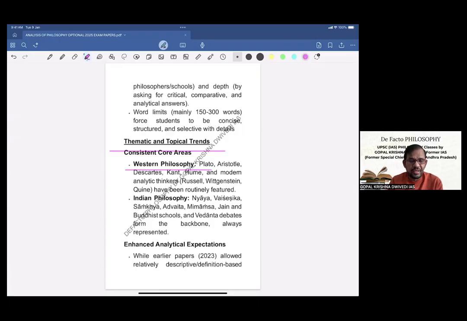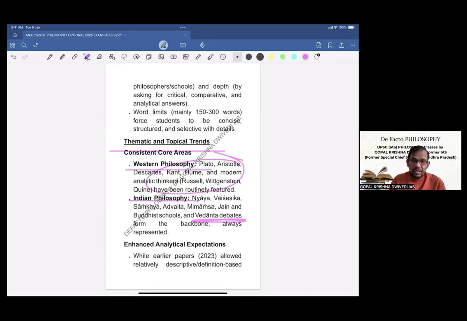If you see the last 3 years' papers, these philosophers feature there. In Indian philosophy, again, Nyaya Vaisheshika, Sankhya, Advaita, Mimamsa, Jain and Buddhist schools, particularly Vedanta debates. This is important because one school versus another has been asked this year and in previous years also.